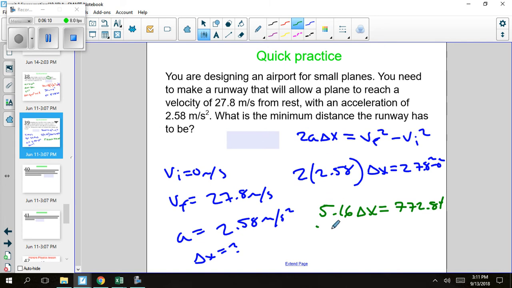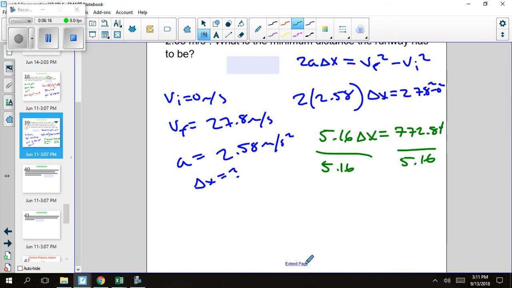Divide each side by 5.16, and delta x should equal 149.78 meters.